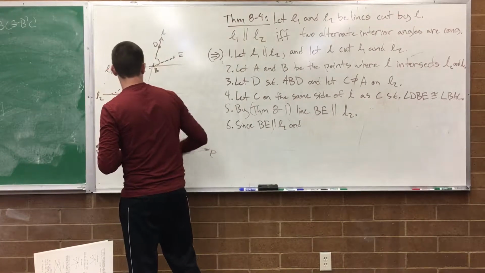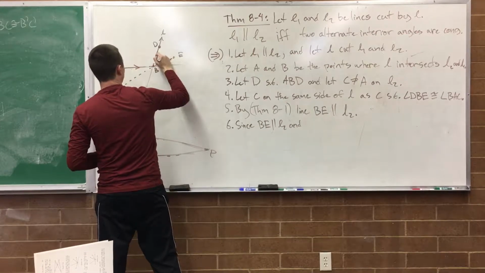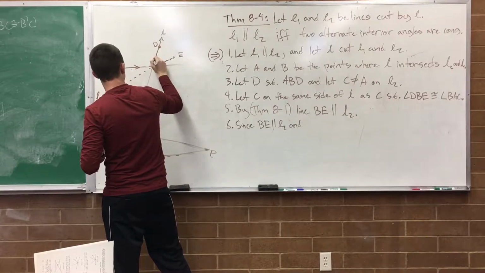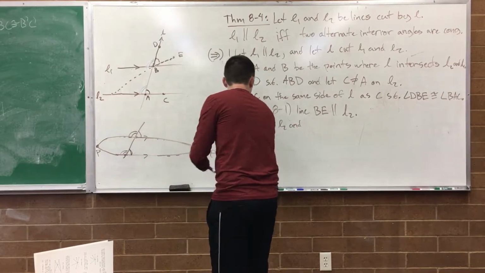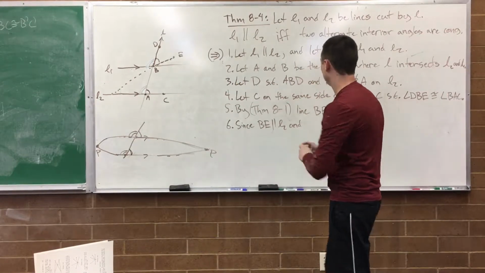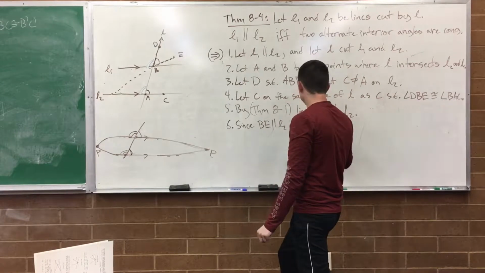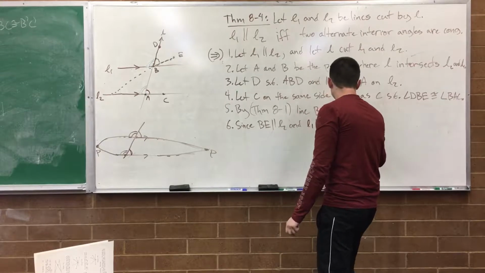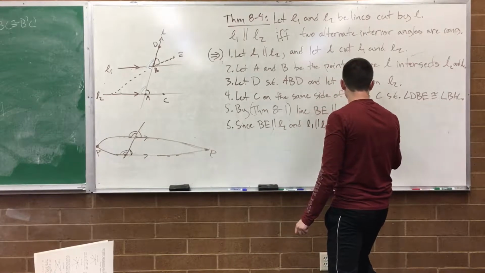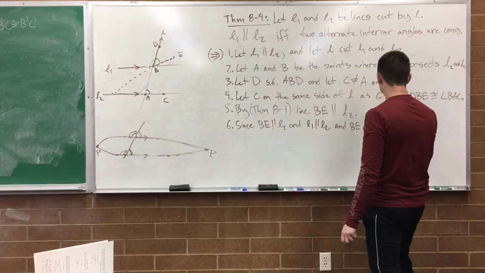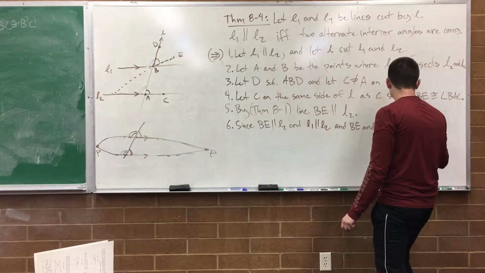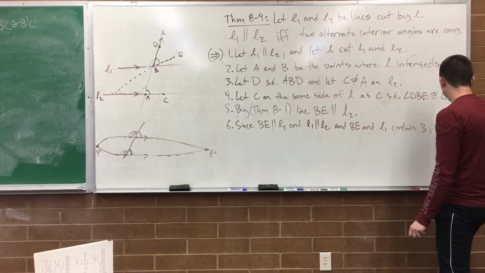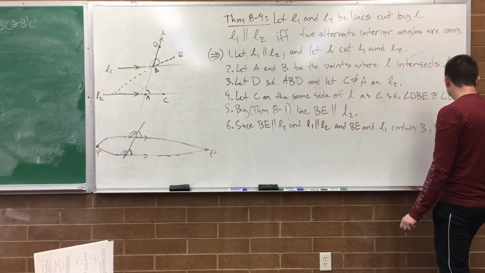So get rid of that, who cares if it's there? It's not like this is for anyone but you guys. You understand what I'm saying. So since BE is parallel to L2, and L1 is parallel to L2, and BE and L1 contain point B, then BE is equal to L1.